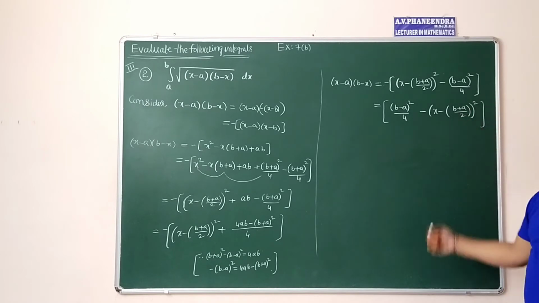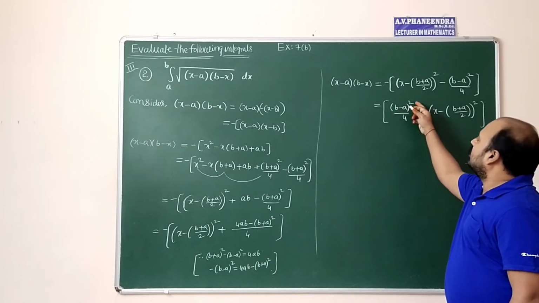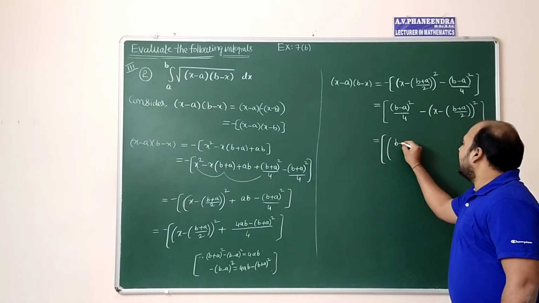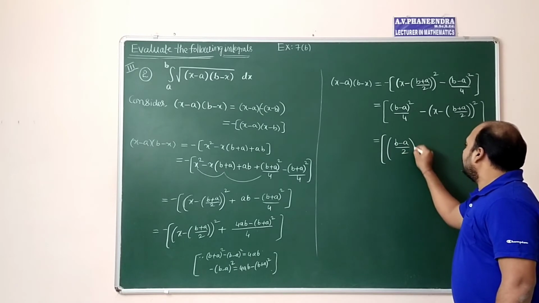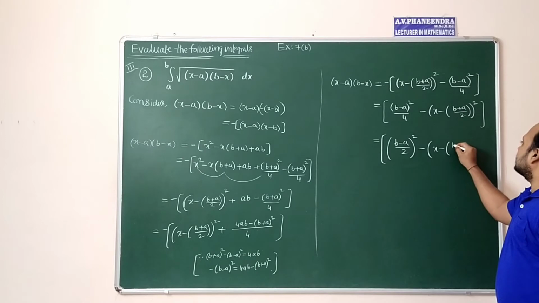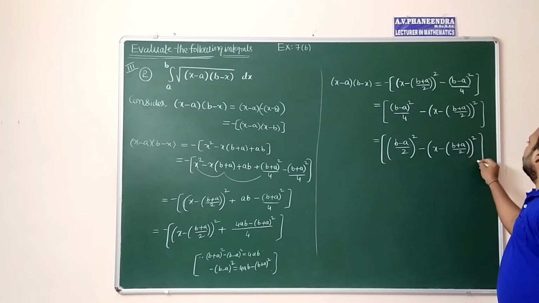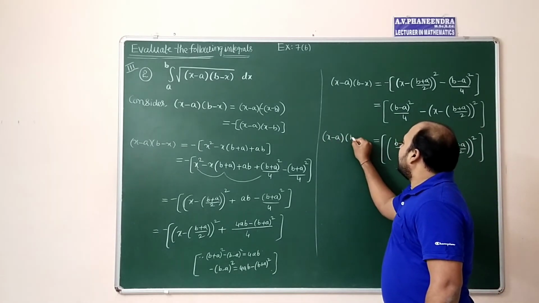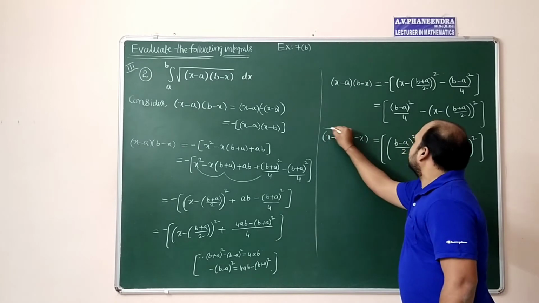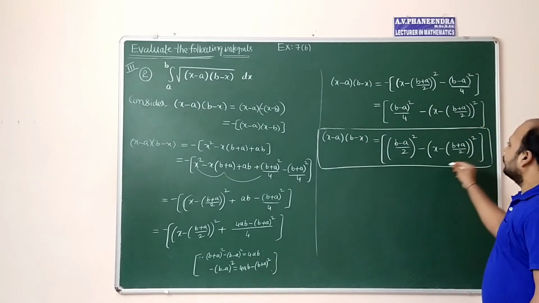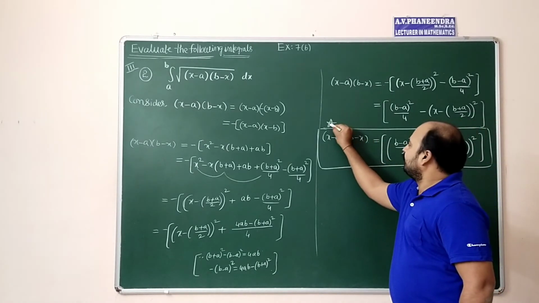In the very next step, (b minus a) whole square by 4 can be written as ((b minus a) divided by 2) whole square minus (x minus (b plus a) by 2) whole square. Now (x minus a) into (b minus x) can be expressed as this. You remember this result, we will use it in the coming steps. This is a very important step.